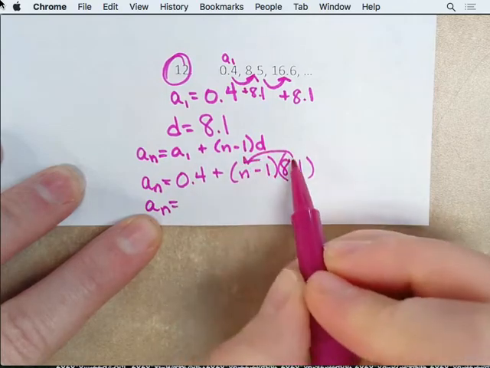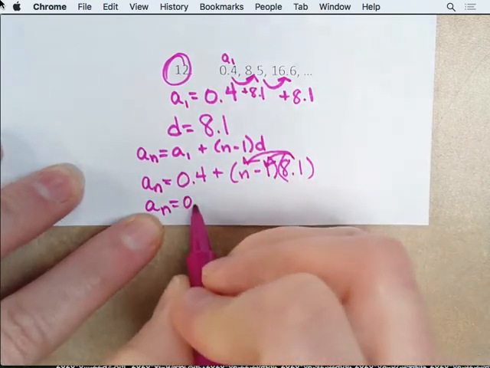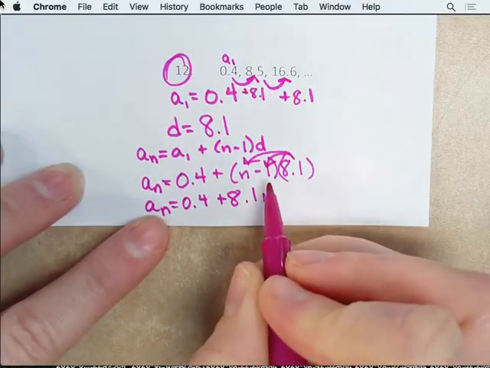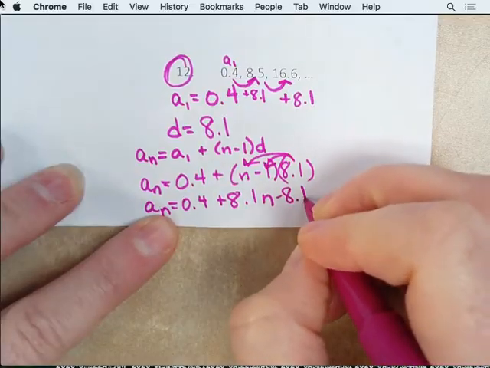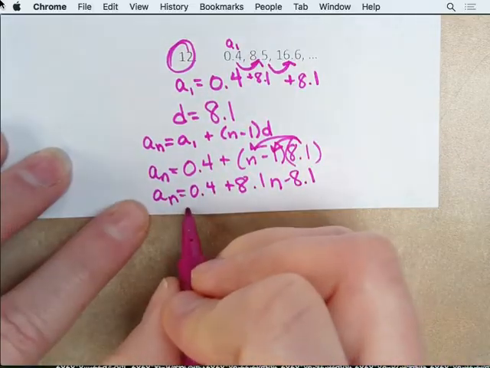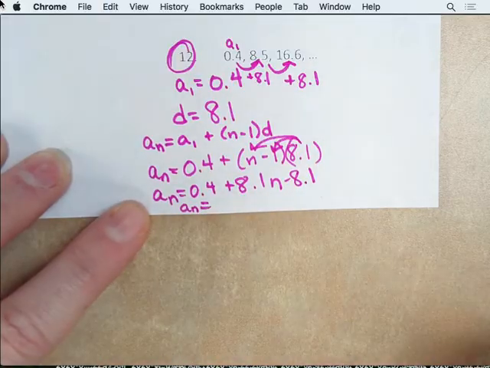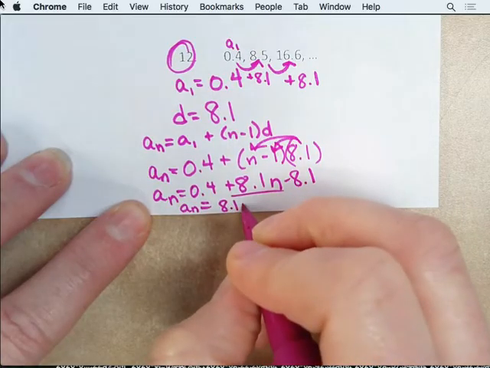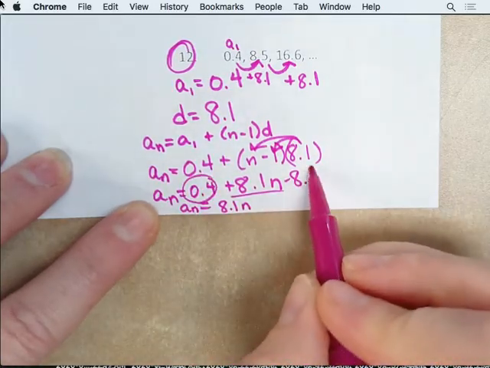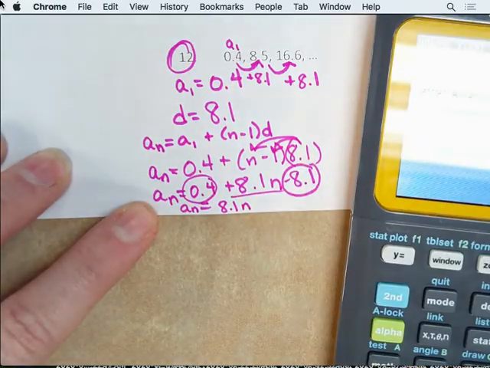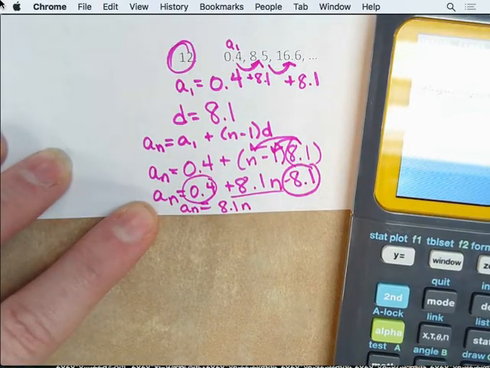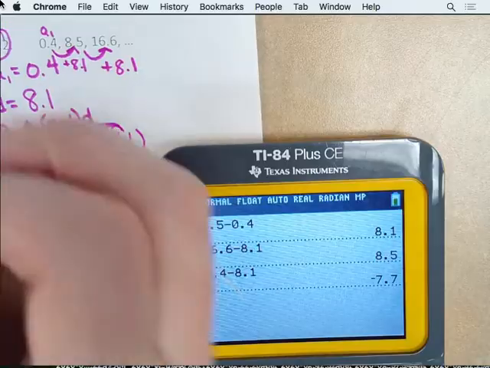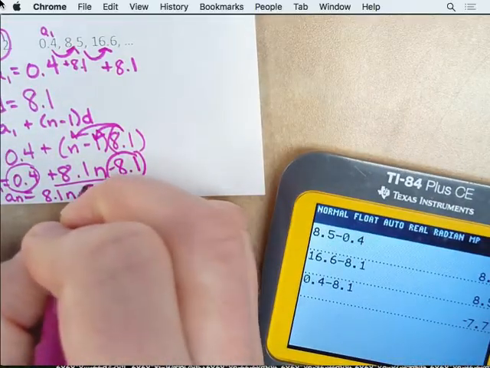So we need to distribute the 8.1 in, so I have 0.4 plus 8.1 N. And then negative 1 times 8.1 is minus 8.1. And now I need to simplify, so I just carry down the 8.1 N. And then I combine the 0.4 and the negative 8.1. 0.4 minus 8.1, that's negative 7.7.